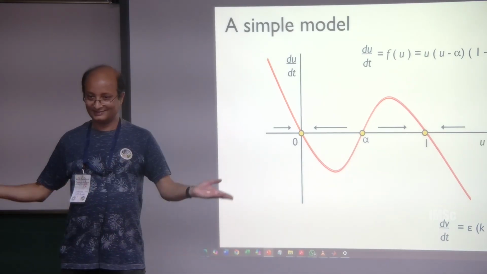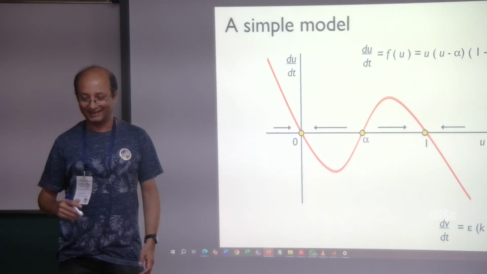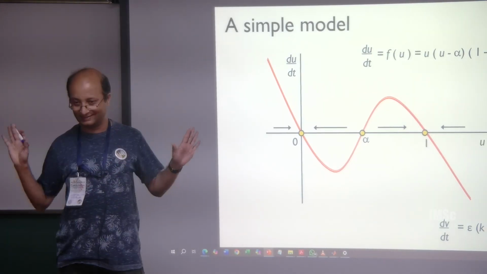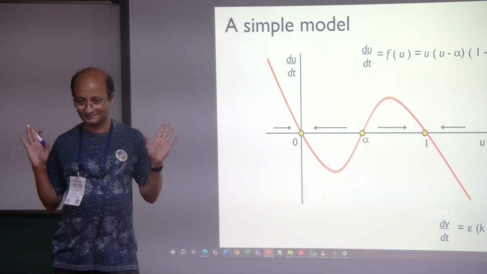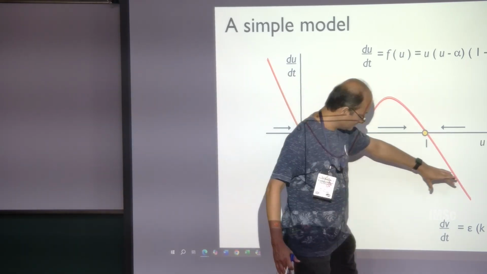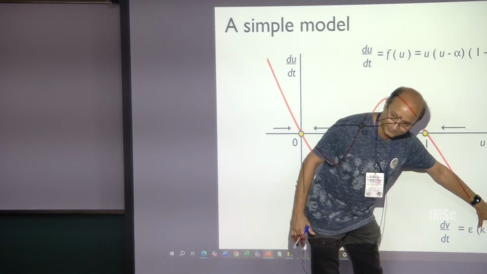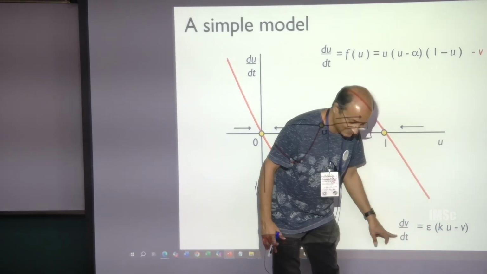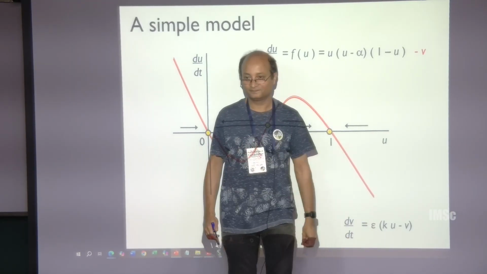But in our world of just coming up with a model which will exhibit the basic properties, it does not really matter too much. Just enough to say that this part must have the dimension of v because it is ku minus v, and so to be consistent, this has to have the unit of 1 by time.